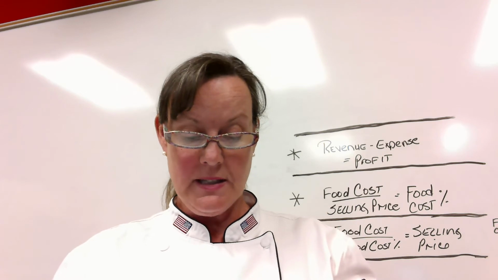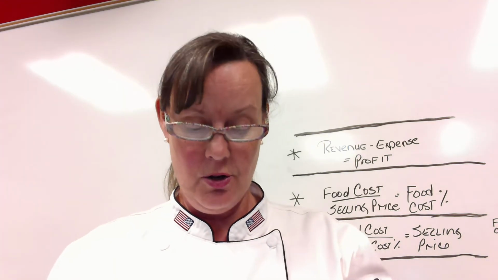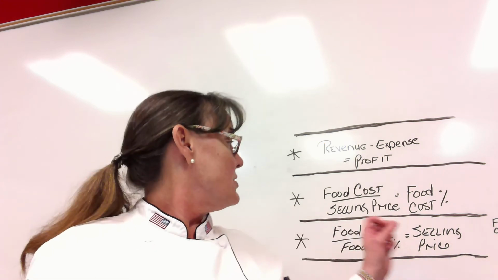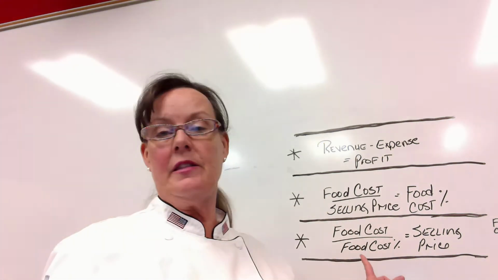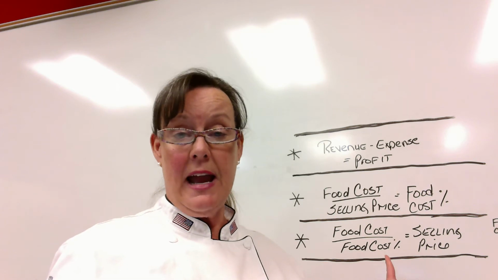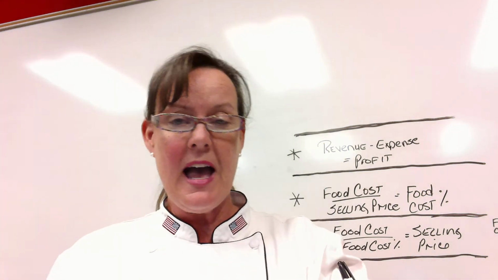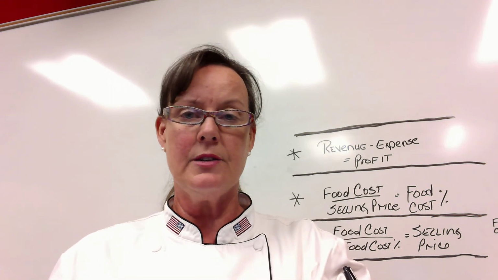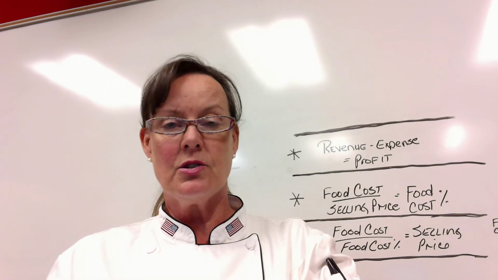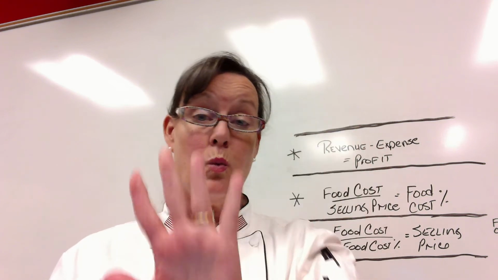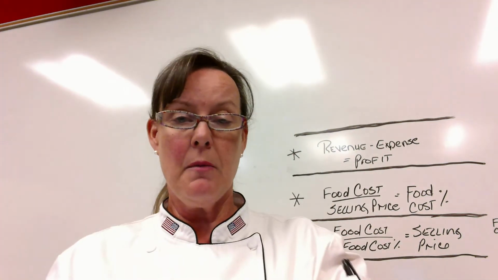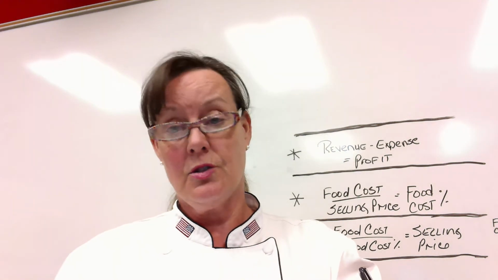Or selling price times your food cost percentage equals your food cost. So they're interchanging these to come up with different answers. Don't get confused with that. It's not a multitude of different formulas that you need to memorize.